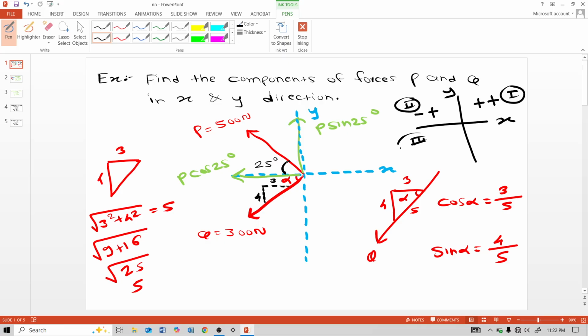In your third quadrant your x component will be minus and your y component will also be minus. And in your fourth quadrant your x component will be plus, your y component will be minus. So this concept is very important. Wherever your force is, you will just apply your sign conventions that way.